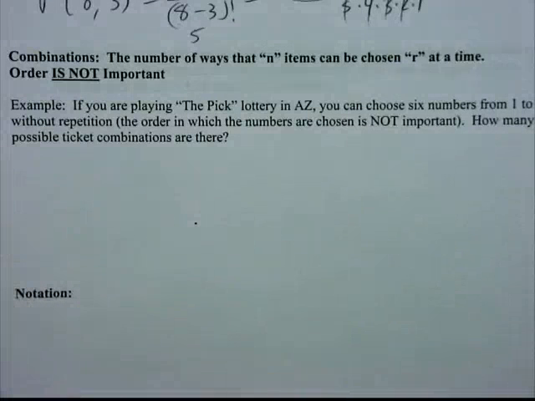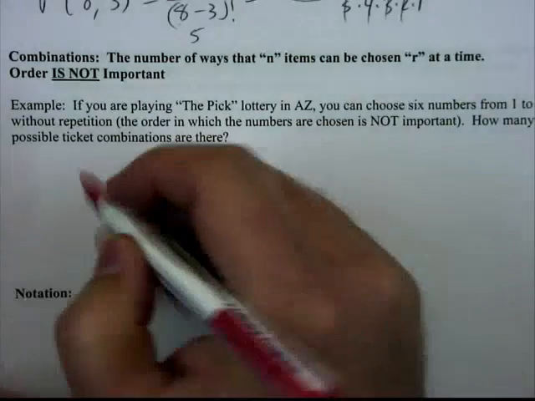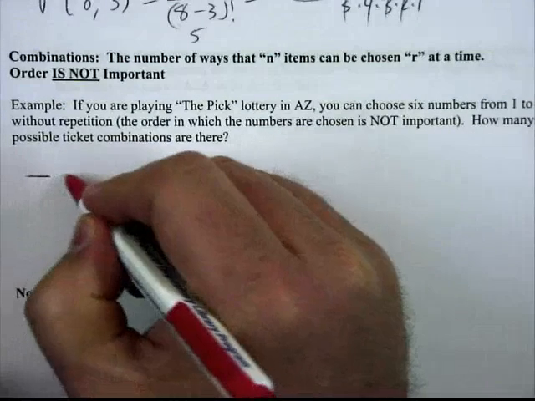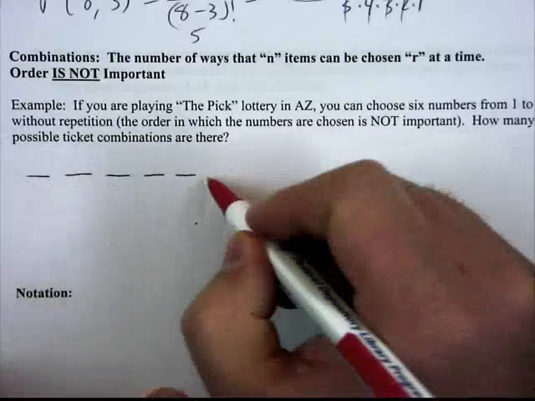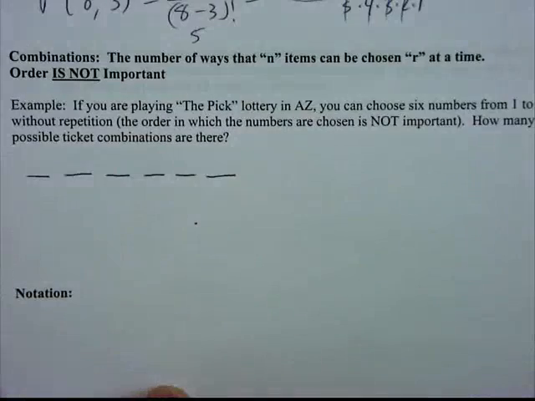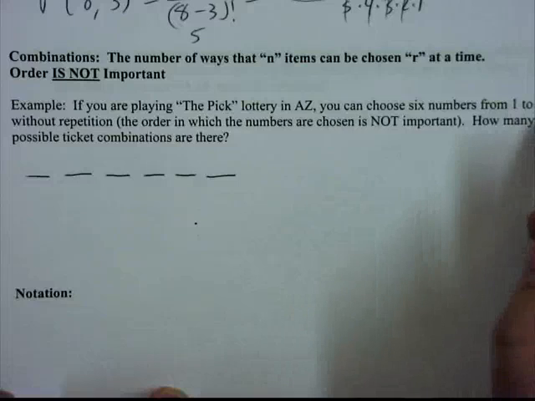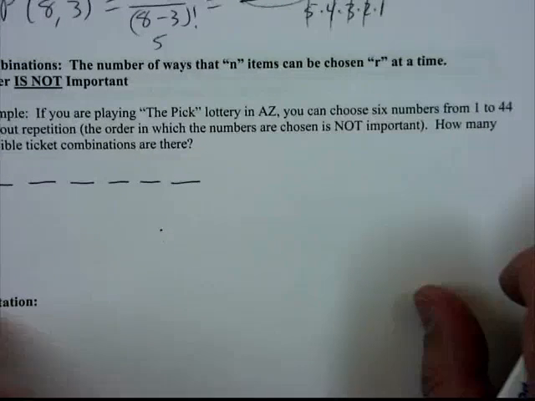Well, if we do that using our slot method, we've got 6 numbers to choose. And for the first number to choose, there are 44 possibilities.